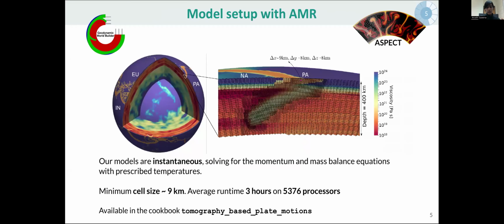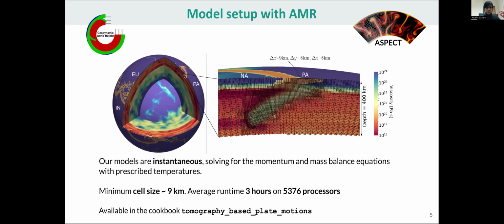Because we have different scales of deformation, we want to represent all these heterogeneities using adaptive mesh refinement, so that we have very high resolution near the surface, and specifically slabs, which are very well resolved. We use very high resolution so that the minimum cell size is about 8 kilometers.